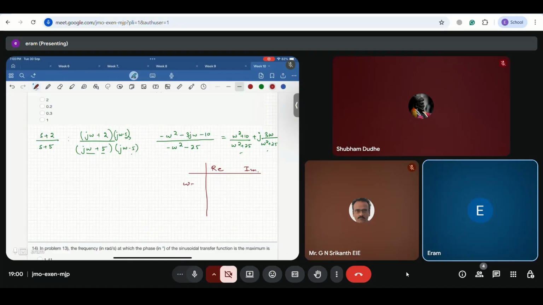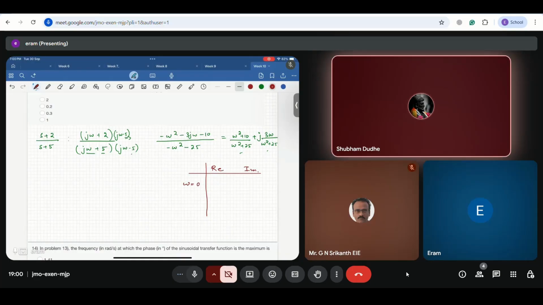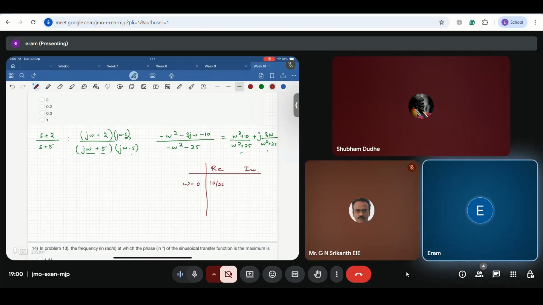What will be the real part at ω equals 0? It will be 10 by 25, so we can write it as 0.4, and the imaginary part is 0.